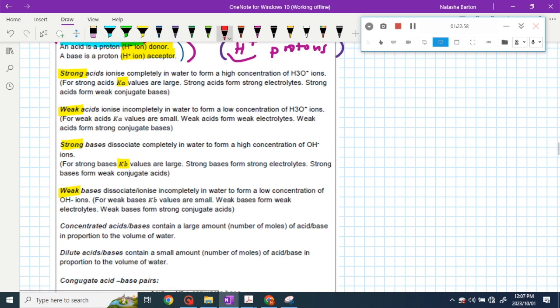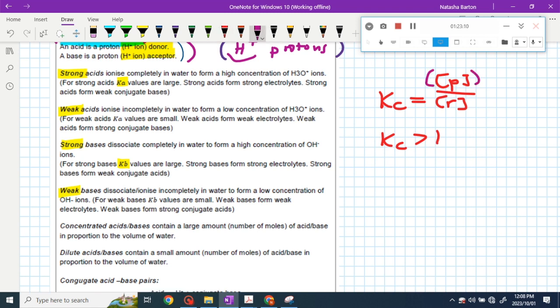So, just like if you have a Kc expression and you say products over reactants, when you get a Kc value bigger than 1, it means a large amount of products. If you get a Kc value smaller than 1, it means a large amount of reactants.